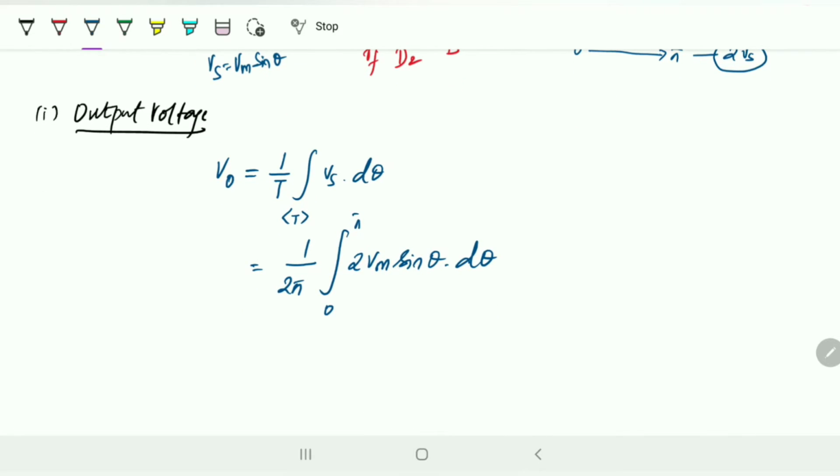Now the 2 and 2 get cancelled. Taking the constant Vm outside, V naught is Vm by pi times the integral from 0 to pi of sin theta d theta.